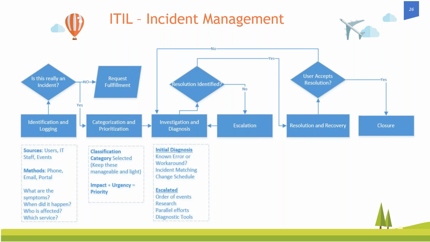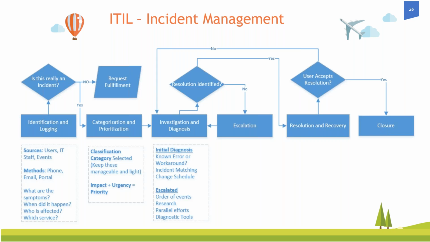And of course, in this step, you want to figure out if you do need to escalate this. You might not be able to solve this with the first tier support here. And when escalating, you need to make sure you capture that order of events. The proper legwork has been done.